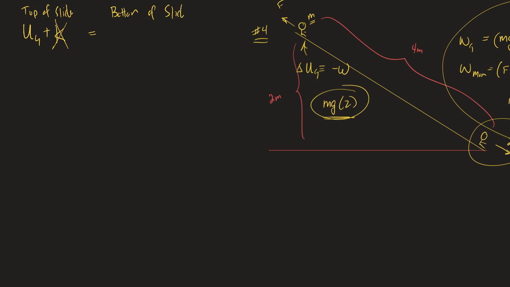if we assume, again, we'd have to assume there's no friction to do this. If there's friction, all bets are off. But I think because of the way the next question is worded, we're to assume there's no friction here. At the bottom, there'd be no gravitational potential, and we'd have all kinetic. So this would be mg times 2 equals 1/2 mv squared.